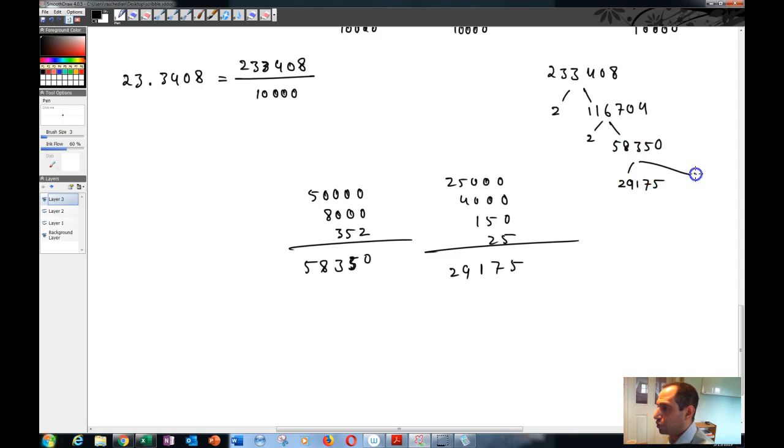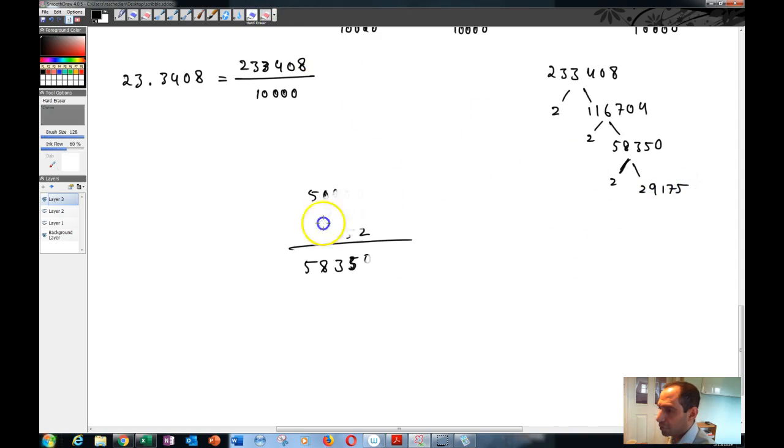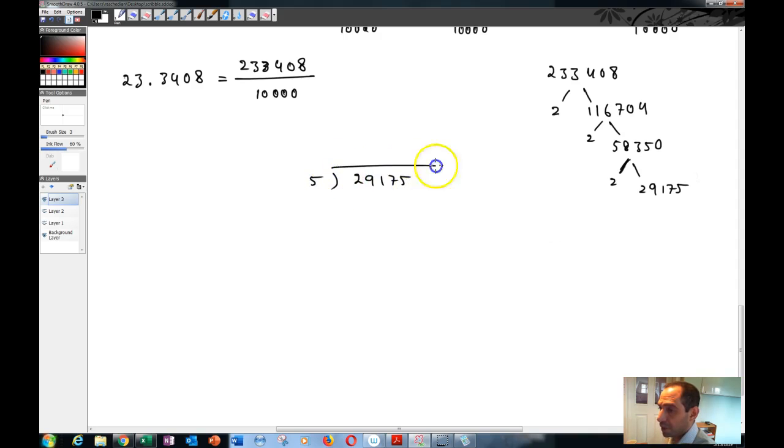So it would be 2 times 29,175, divide this number by 5. 29,175 divided by 5, what you will get is 5 times 5 is equal to 25, and 9 times 5 is equal to 45.